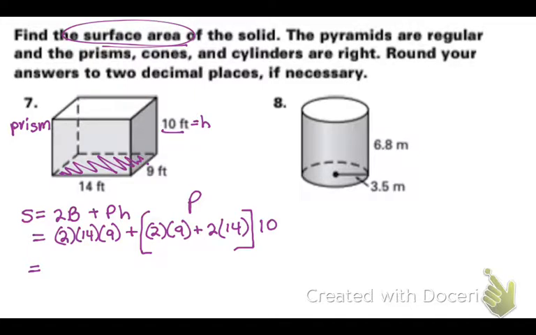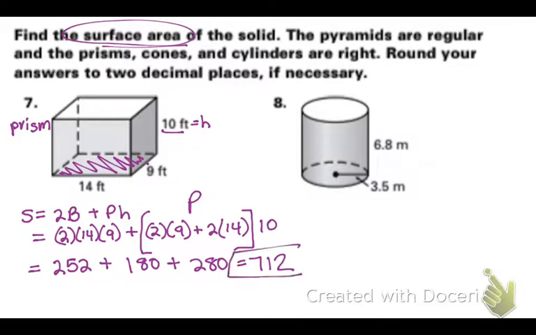So this is 2 times 14 times 9, which is equal to 252, plus 2 times 9, and I did it slightly differently, but this all ends up to 180 plus 280, which is equal to 712, and that's your answer.